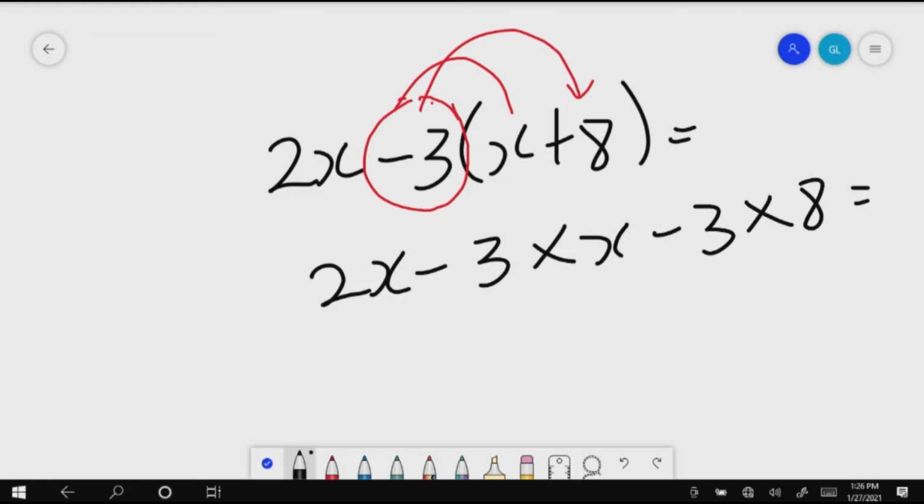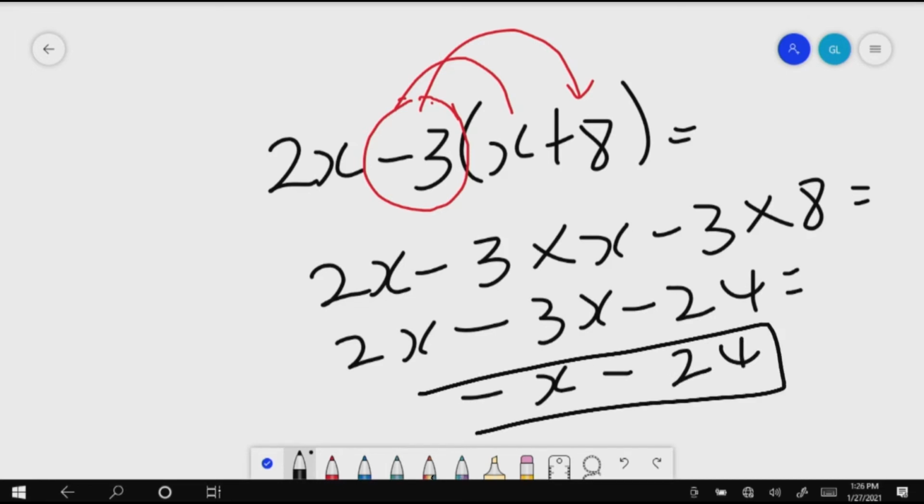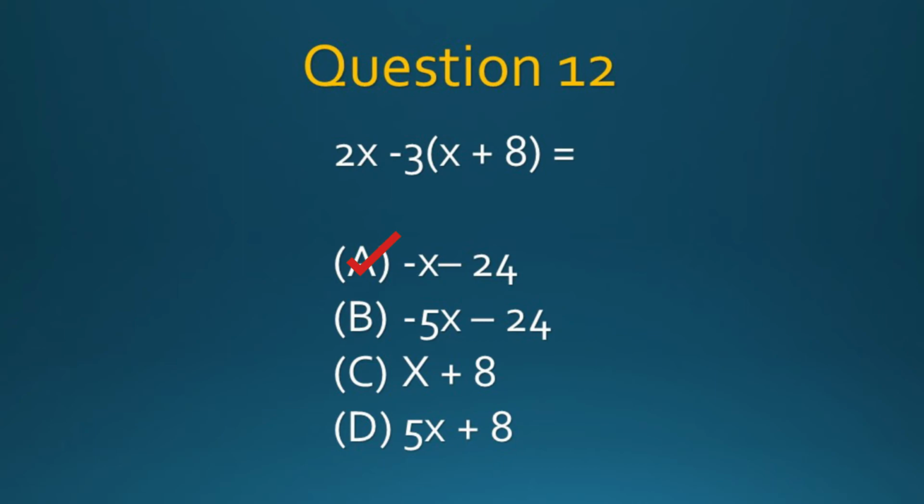Further simplifying, this would be 2x minus 3x minus 24. And further simplifying, we have x minus 24 as the simpler version of 2x minus 3 into x plus 8. So our solution there would be A.